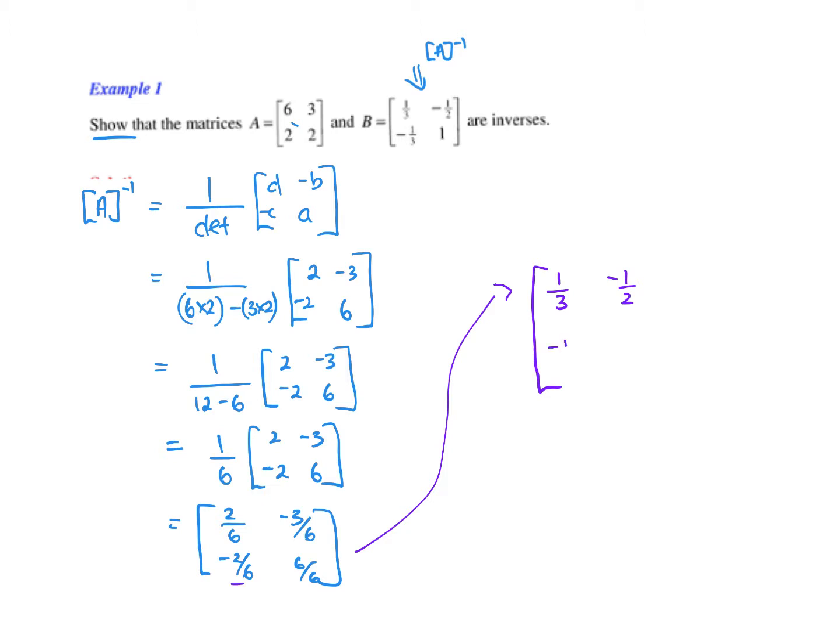So this would be negative 1/3 and this would be 1. Now, does that look like B? Yeah. See how this is what matrix B is? So therefore we know this was inverse A. So we could say therefore inverse A equals matrix B.